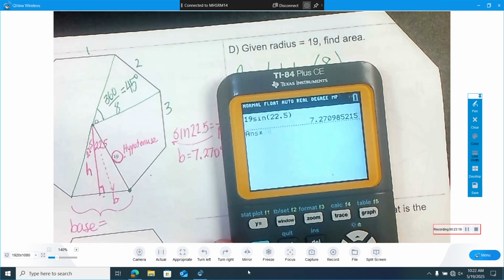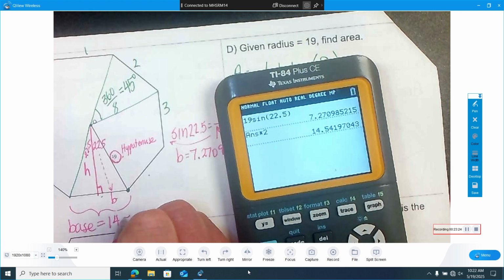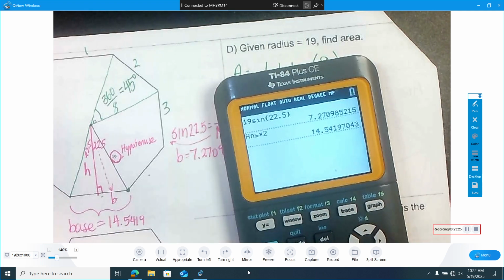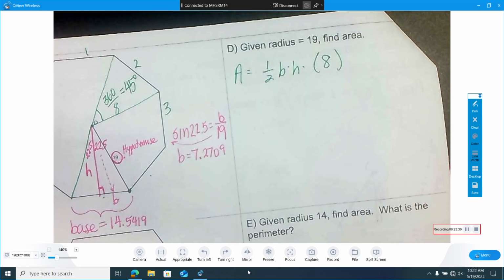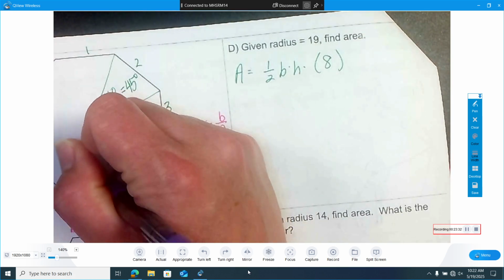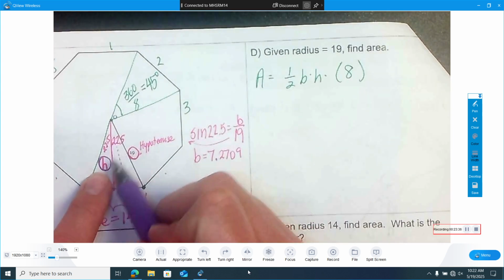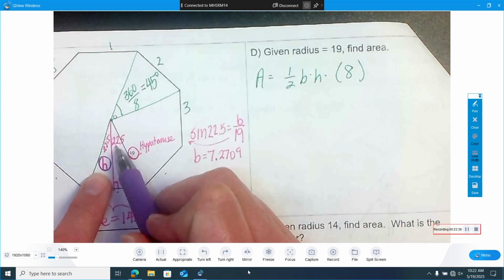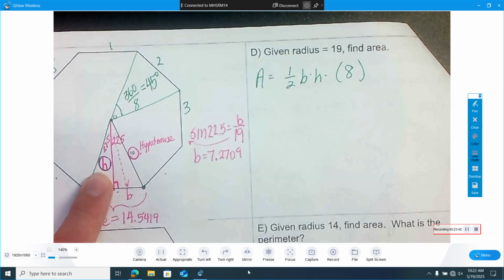Okay, so you just times that by 2. Good. And we got 14.5419. Beautiful. Okay. And then now I need to figure out the height here. I need to figure out my height. So which trig function am I going to use with the height and that 19?